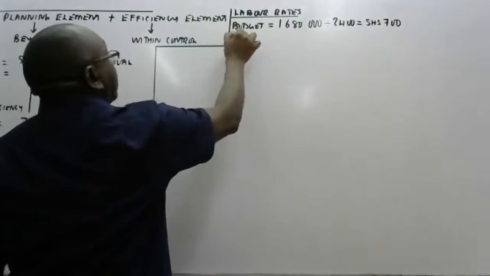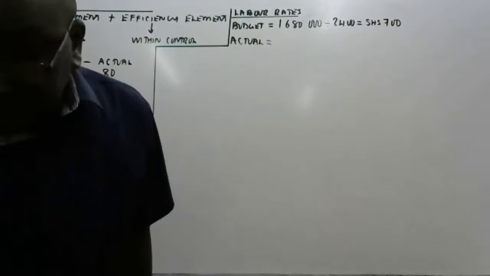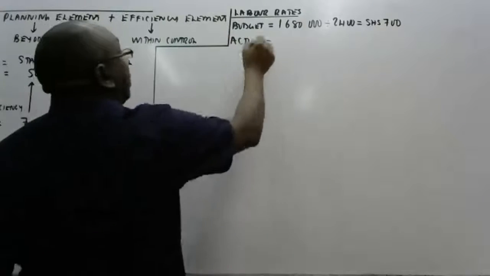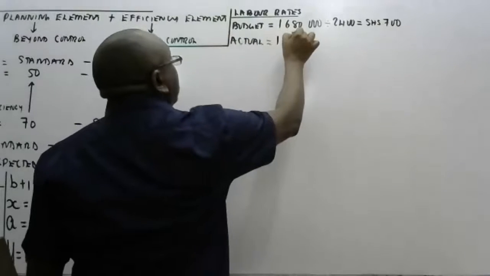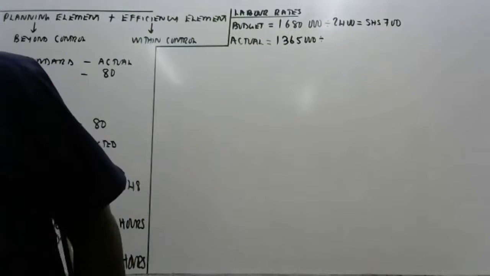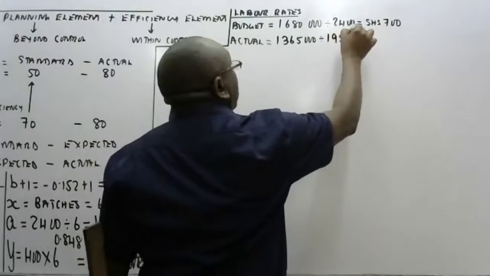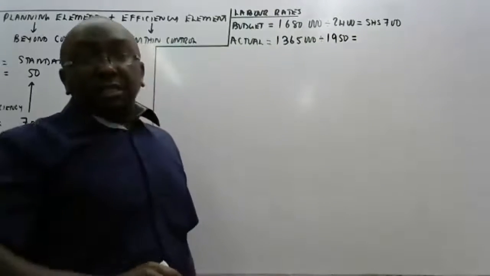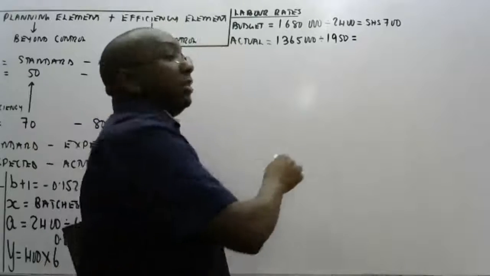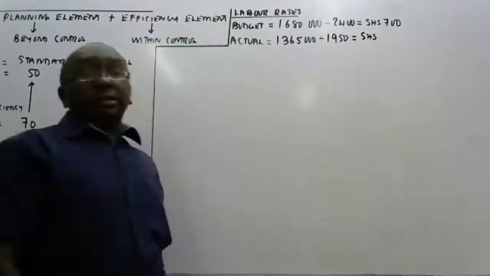Then the actual rate, you do the same thing. The actual cost is 1,365,000. You divide by the actual hours, 1950. Now, why I'm computing these things is because I know the formulas I'm going to use will require these things.